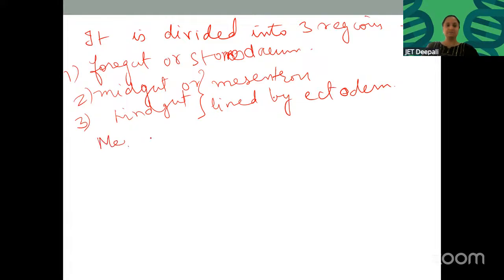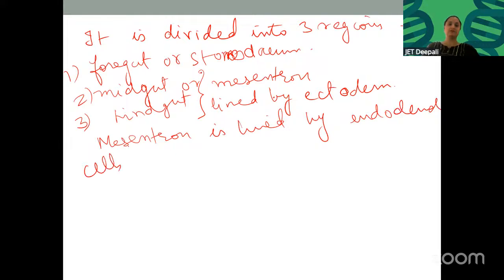Okay, so this is not midgut and hindgut, this is the stomodeum and hindgut. These two are lined by ectoderm. Okay, these two are lined by ectoderm.